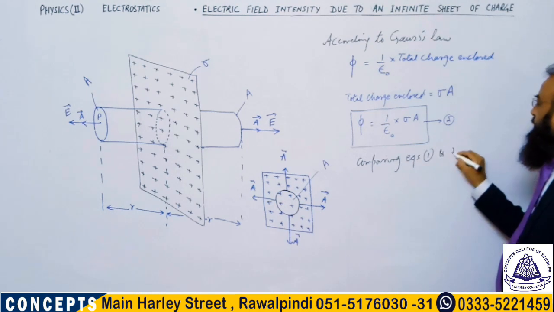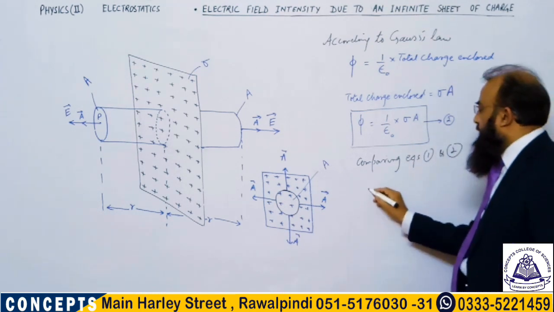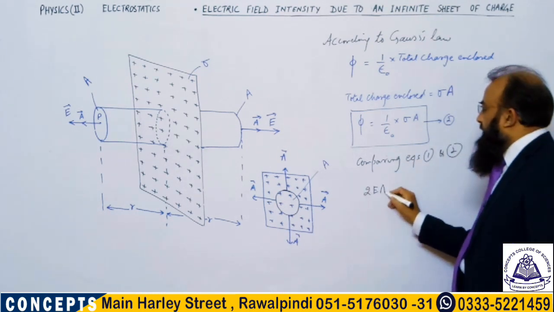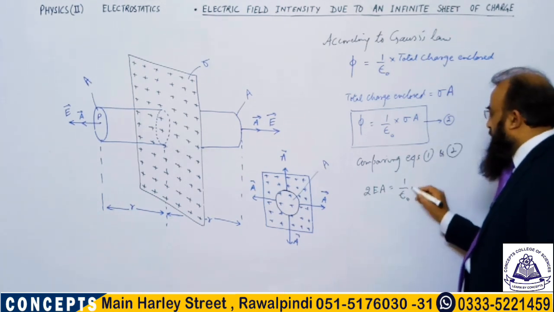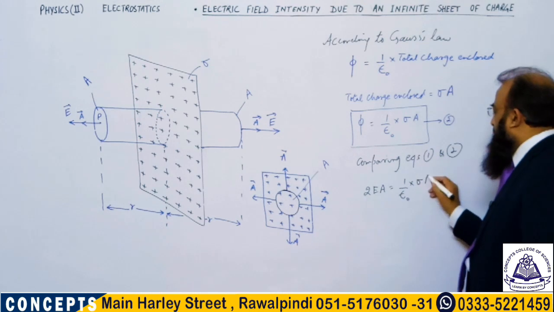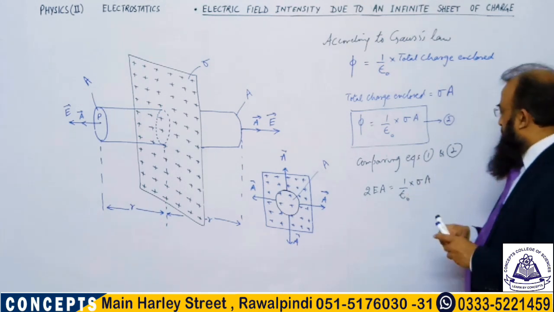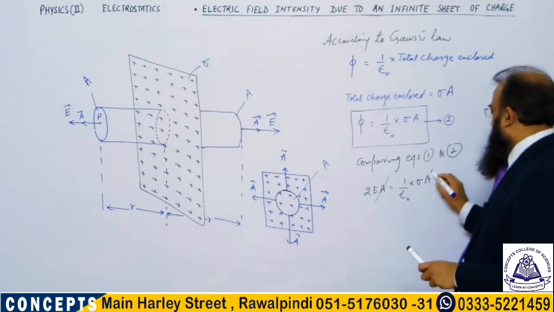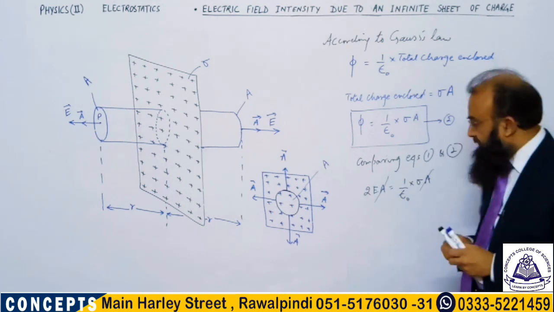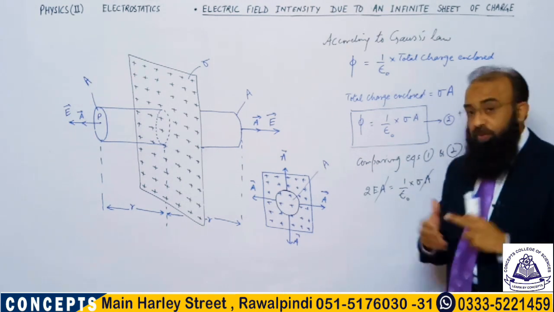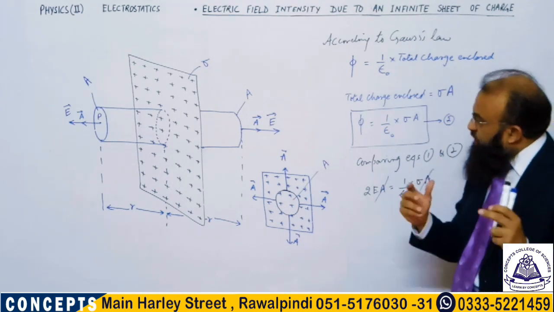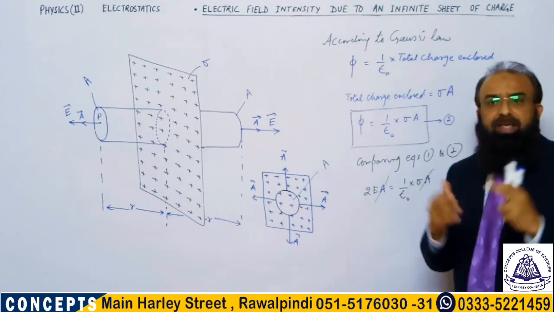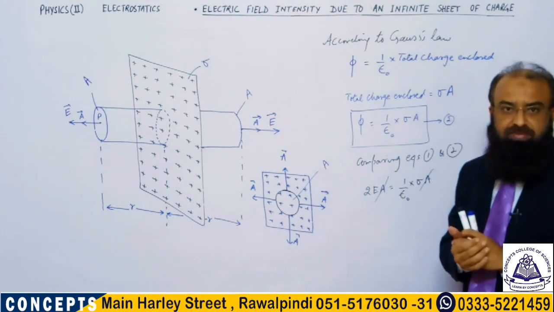Comparing equations 1 and 2, it comes out to be 2EA, that was our equation 1, is equal to 1 over epsilon naught into sigma A. Now A and A cancel out. Why do they cancel out? Because this was a Gaussian surface and that was an imaginary surface.